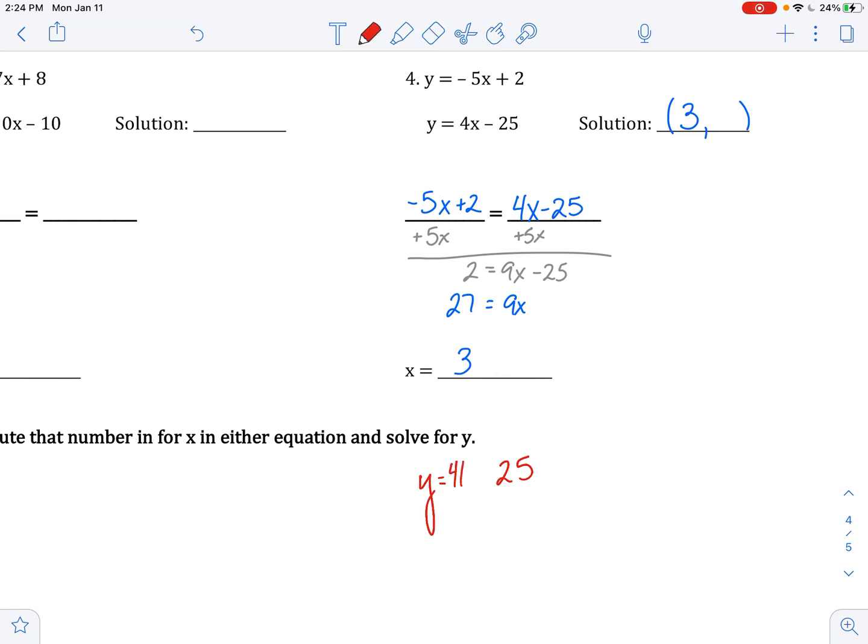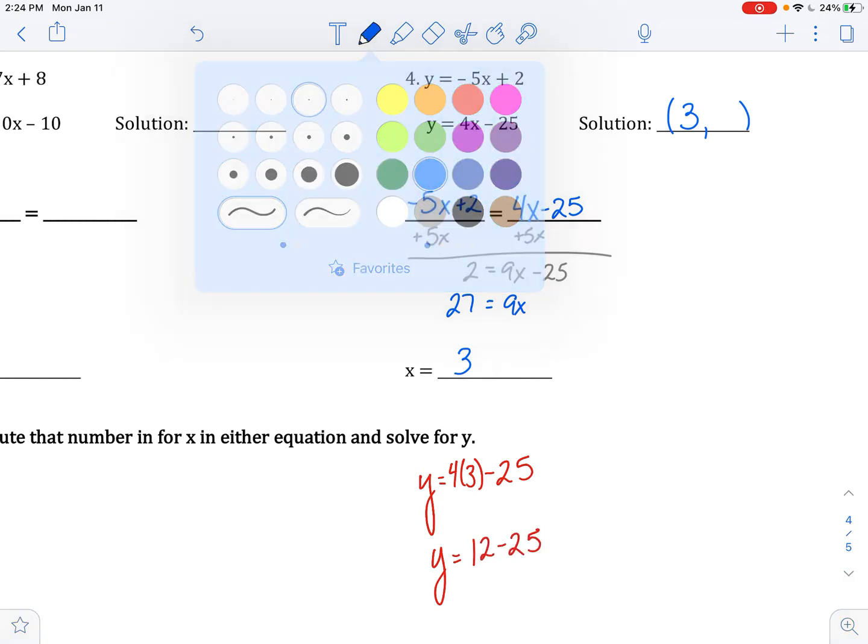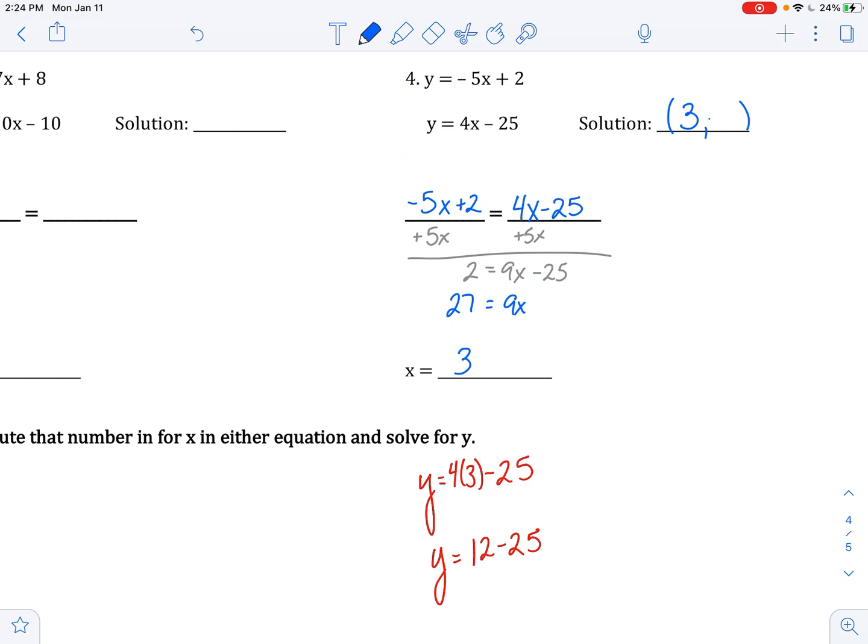So y equals 4 times 3 minus 25, or y equals 12 minus 25, or y equals negative 13. And you can plug that into your system. Say that x equals 3, y equals negative 13, and you'll see that that is the correct solution.